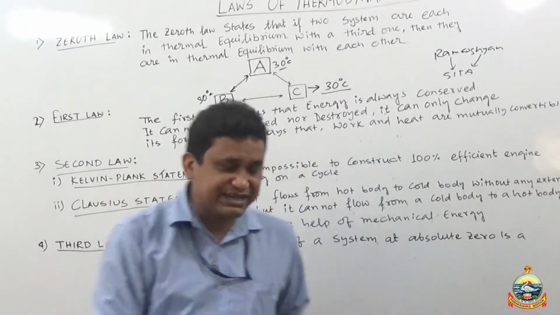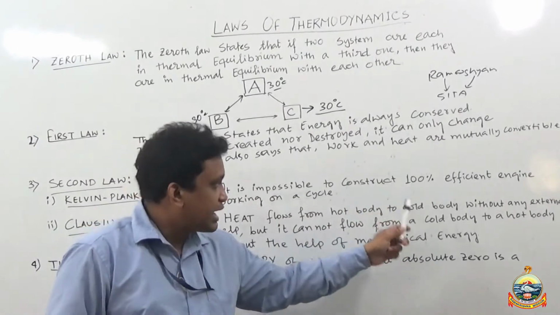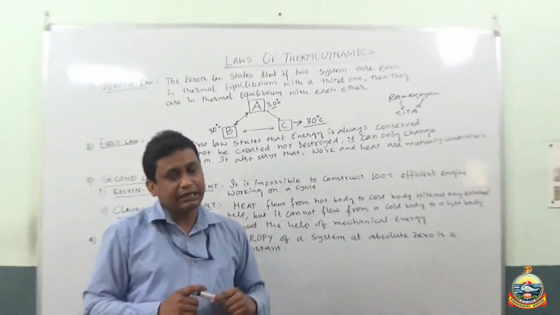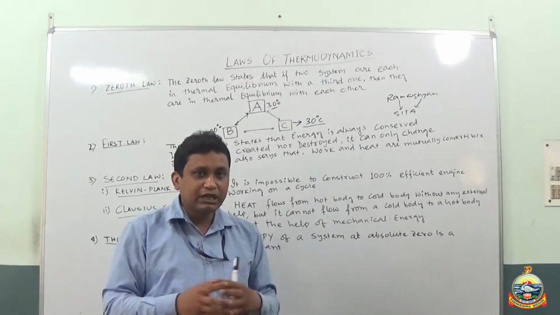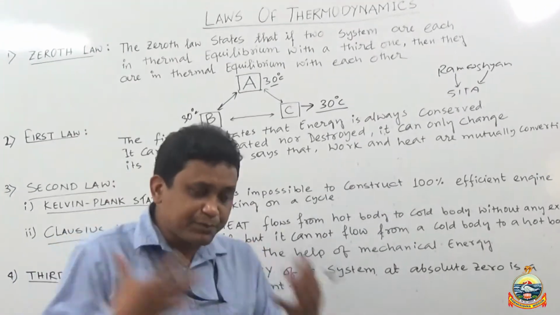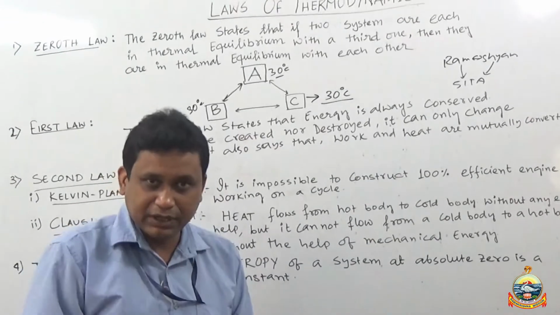So the Kelvin-Planck statement states that it is impossible to construct a 100% efficient engine working on a cycle. Okay. So it is impossible to construct any machine which can give you 100% efficient work, working on a cycle or a principle, right.